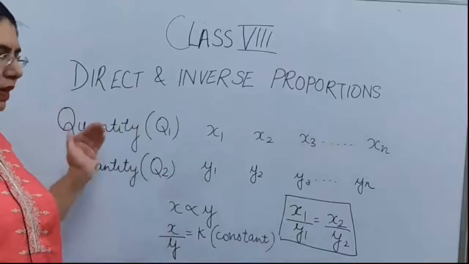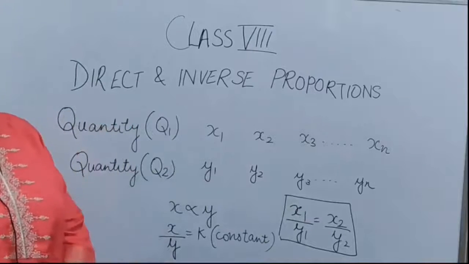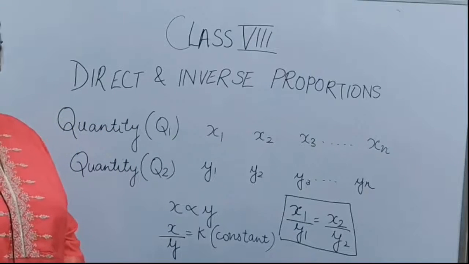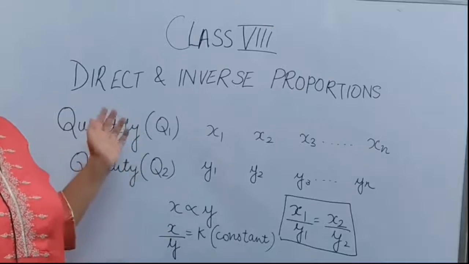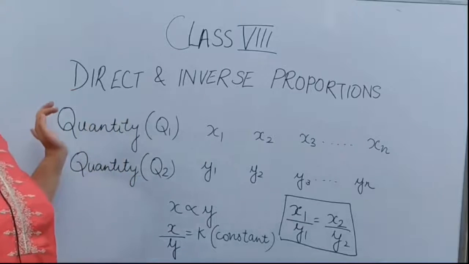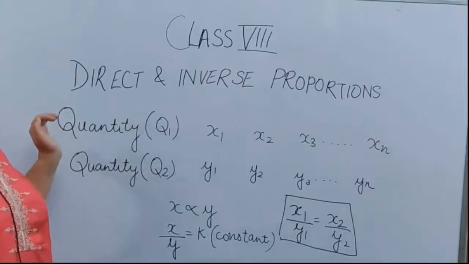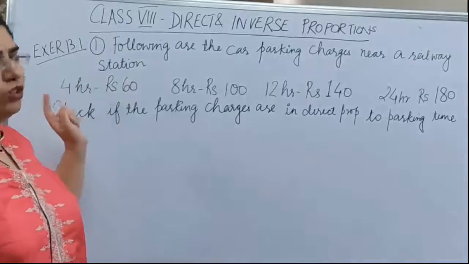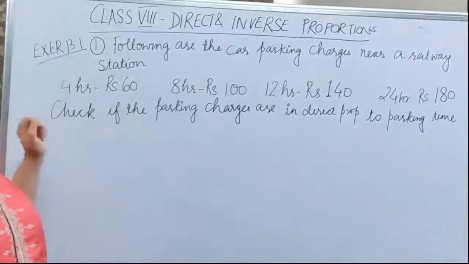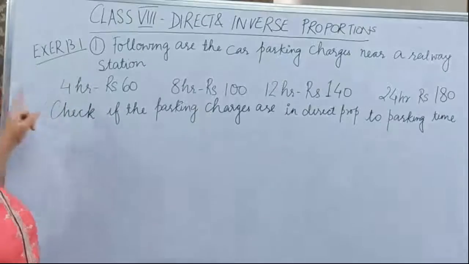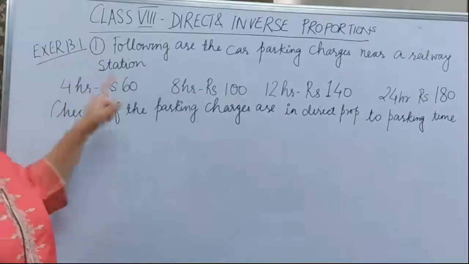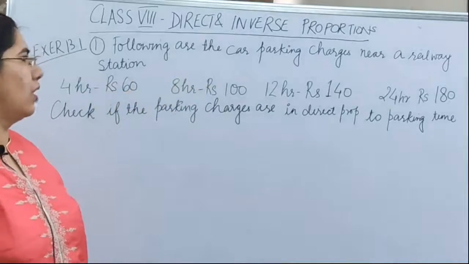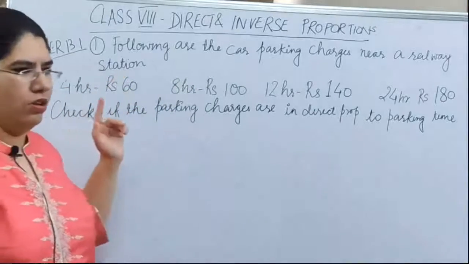Now, we will be taking up examples from your NCERT books and try to take up some problems where we can use this concept of direct and inverse proportions. We will be taking up this question from exercise 13.1 of the NCERT textbook. This question says, following are the car parking charges near a railway station.